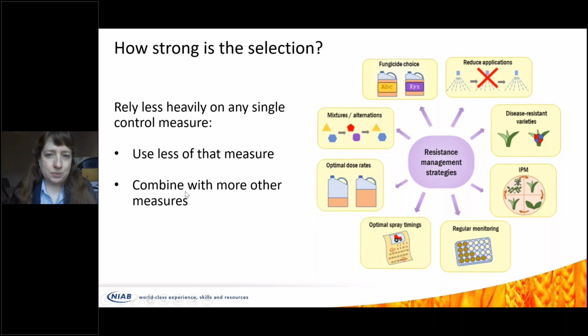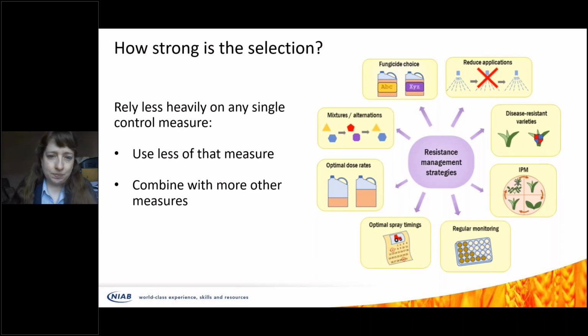So for resistance management, we would look at either using less of that single measure, which could mean reducing the number of sprays of one product or adjusting the dose rate, and we could look at combining with more different measures.